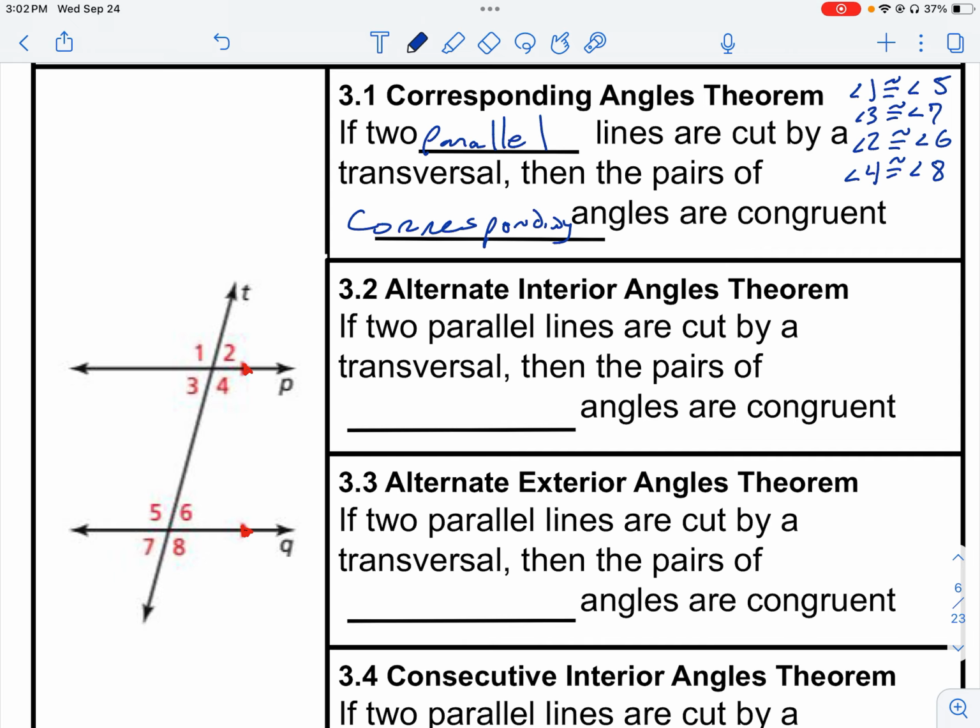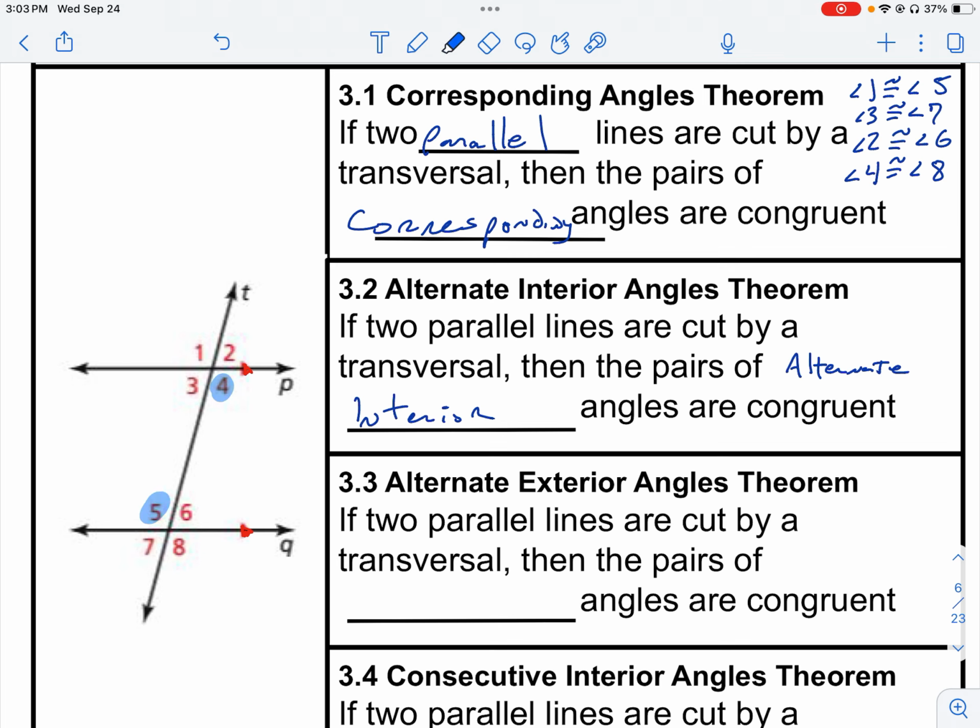The alternate interior angles theorem says if two parallel lines are cut by a transversal, then the pairs of alternate interior angles are congruent.